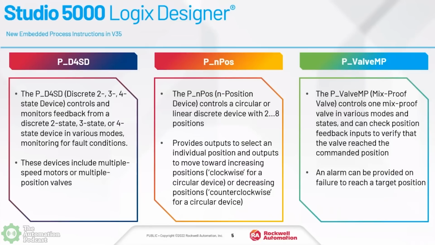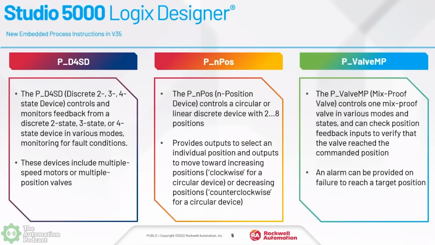In addition to these 25 instructions that were already embedded into Logix Designer, now we're adding 3 new process instructions. These are going to include the D4SD for discrete 2 to 4 state device control and monitoring. This will also include the P Position to control circular or linear discrete devices with 2 to 8 positions, and the P ValveMP, which is for mixed proof valves.